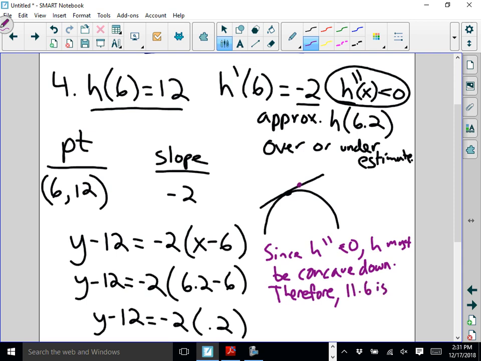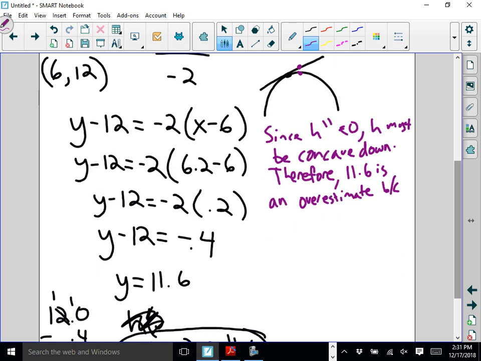That's too high compared to what h of 6.2 actually is. Therefore, 11.6 is an overestimate because the tangent line lies above the curve.